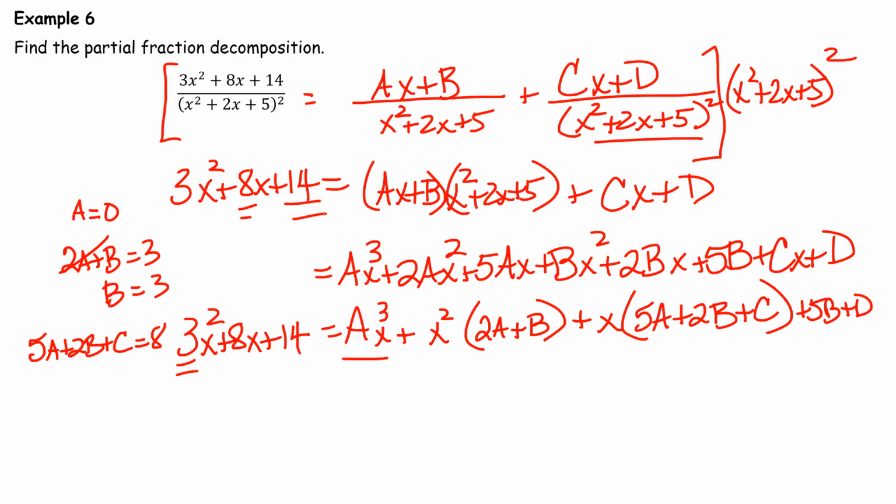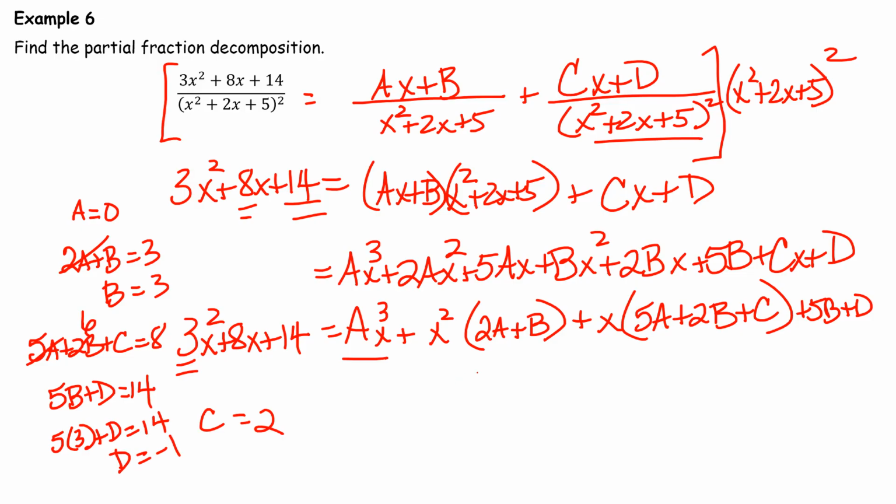And then the constant term is 14, which means that 5B plus D must be 14. 5A plus 2B plus C, the 5A goes away. 2B is 6. So 6 plus C is 8, which means that C has to be 2. And then 5B plus D is 14. So 5 times 3 plus D is 14. So D is negative 1.